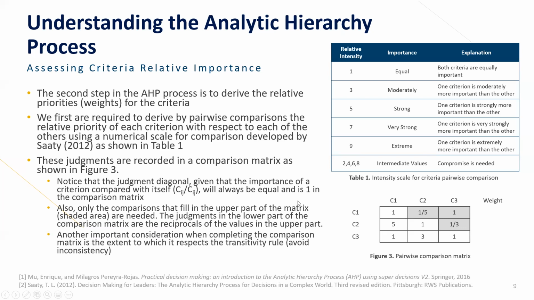The reciprocal relationship actually means that when you say that one criteria is more important than the other, let's say apple is more important than oranges for your life, and apple is strongly more important than orange, the score is 5, right? 5 for apple, 1 for orange.